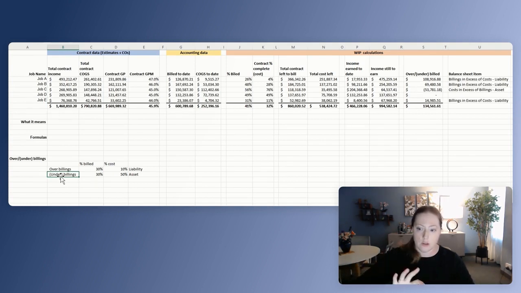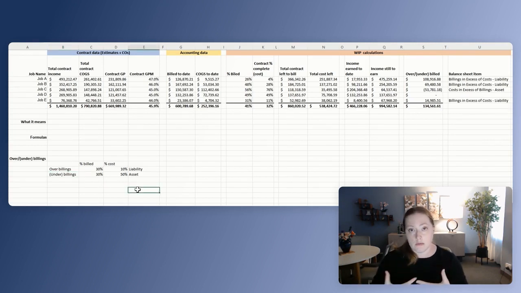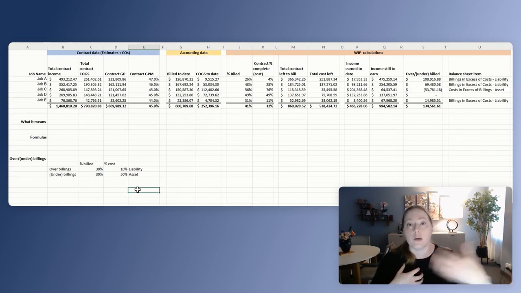In underbillings, where you've got more cost than you have actually billed in the percentages, that becomes your asset, because you have used your own money to cover the cost. So you need to get reimbursed for that, and you will see it in your assets on the balance sheet.